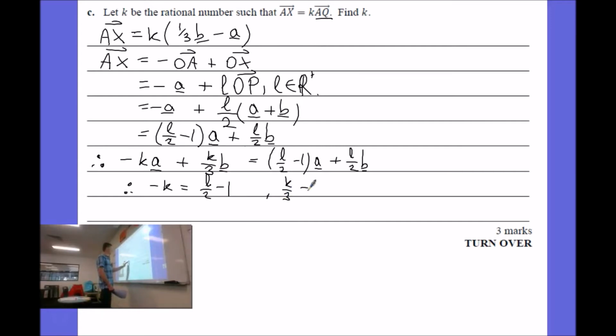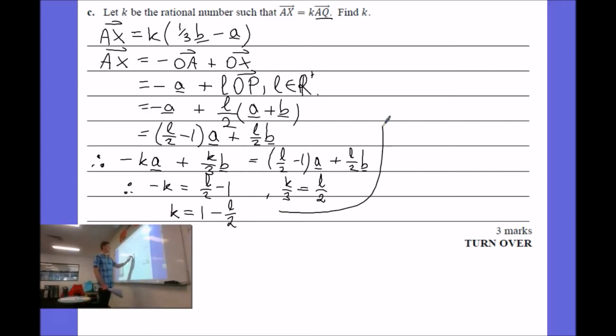K on 3 must be the same as L on 2. So from that, we get an expression for K. K must be the same as positive 1 minus L on 2. So we can calculate what K is, as long as we work out what L is.